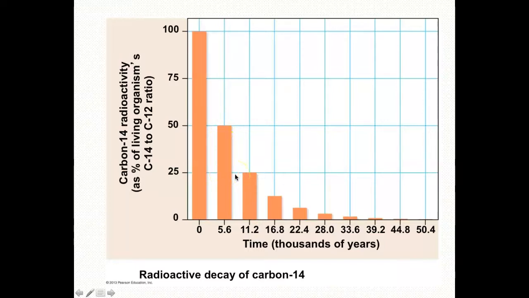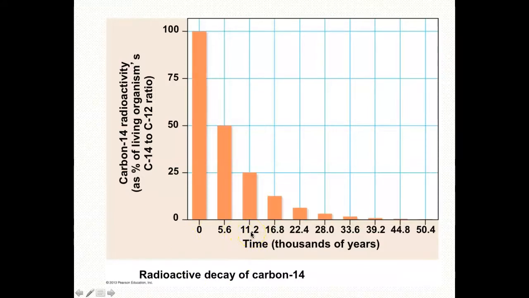So if you find a fossil and dig it up and you find that it has 25% of the carbon-14 it should have, then you can say, if it only has 25%, that means 2 half-lives have passed. That means that we can put the date of death at around 11.2 thousand years ago.